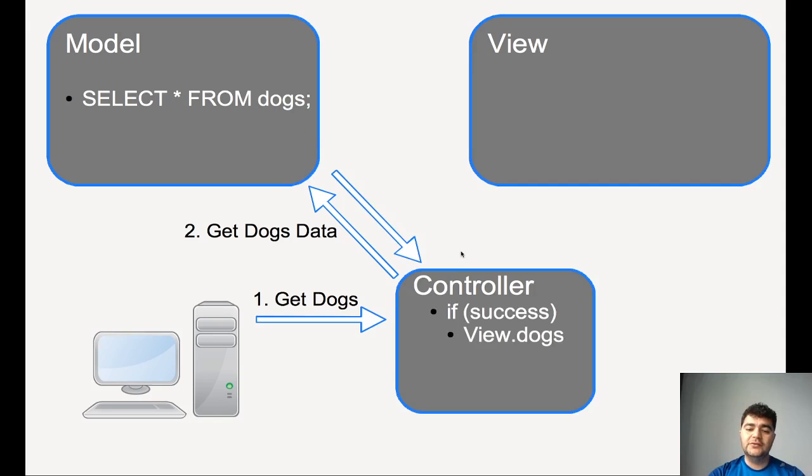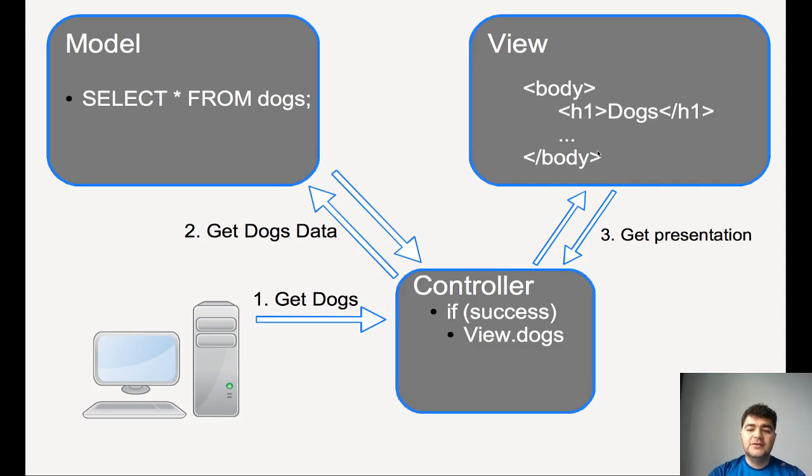If it's a success situation, the data is sent to the view. The view gets the dogs data from the controller and makes it into a presentation like this. Then it passes it back to the controller, which takes this as a response to the user, and the user sees data about dogs on their screen.